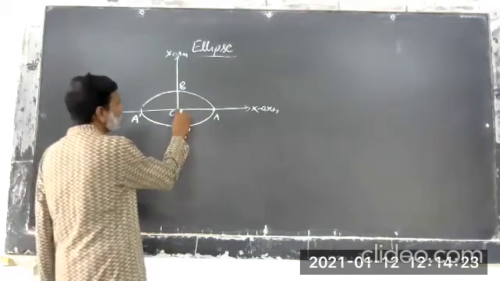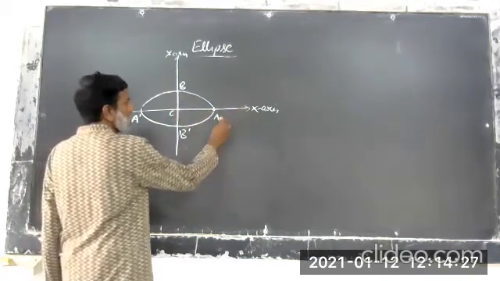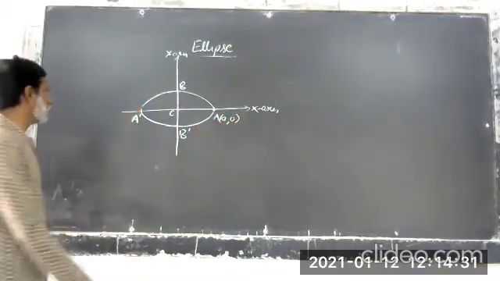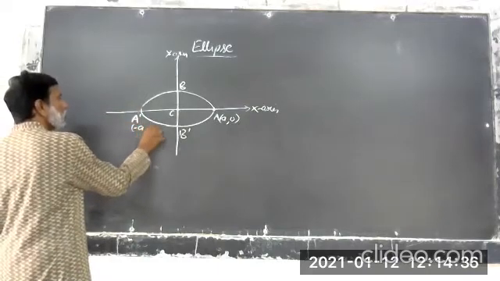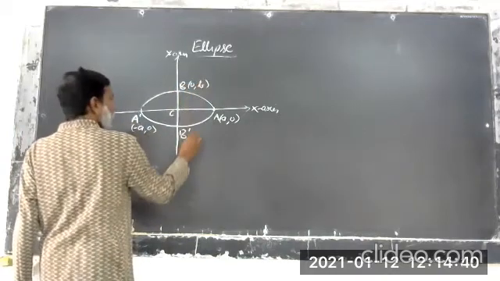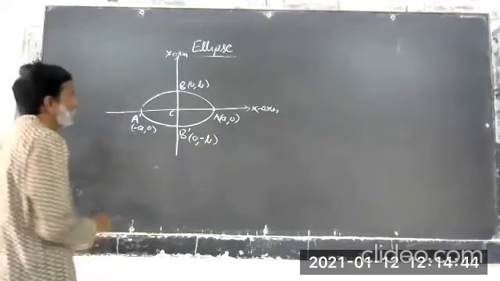And we have seen this length as a because you are measuring towards the right side: the coordinates of capital A are (a, 0), coordinates of A dash are (minus a, 0), B is (0, b), B dash is (0, minus b).